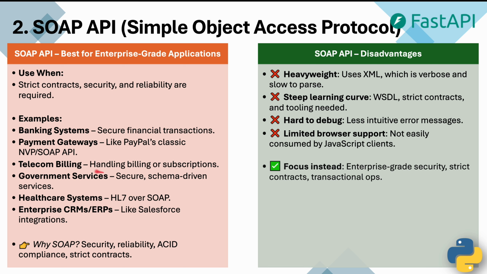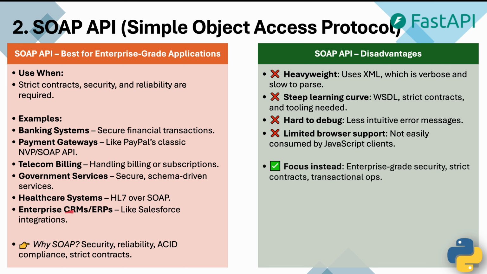Telecom billing. Handling billing or subscriptions can be done using SOAP API. Government services. Secure schema-driven services can be implemented using SOAP API. Healthcare systems. HL7 over SOAP API can be done in healthcare systems.